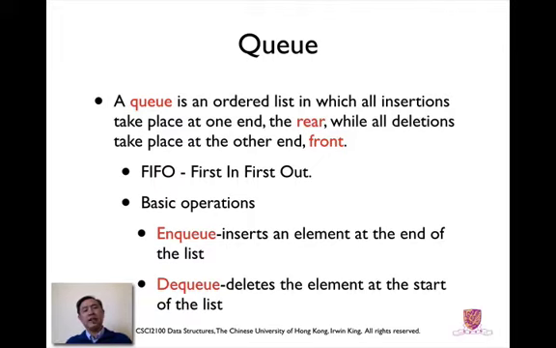The later that you come, the later you will be served. Very similar to a stack, the queue has two important operations. One is called enqueue, and the other is called dequeue. Enqueue inserts an element at the end of the list, while dequeue deletes the element at the start of the list.